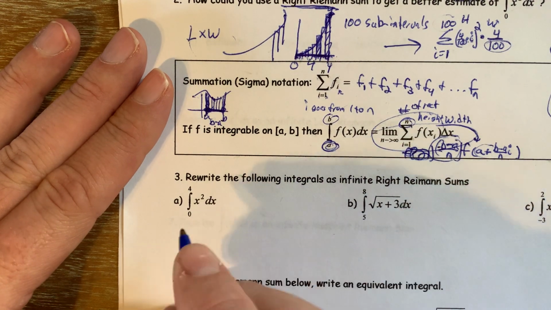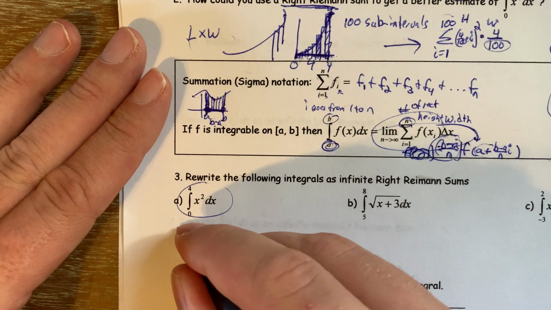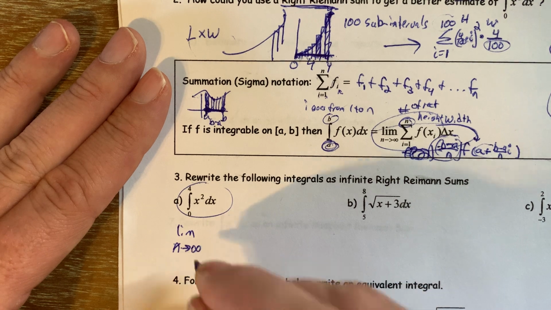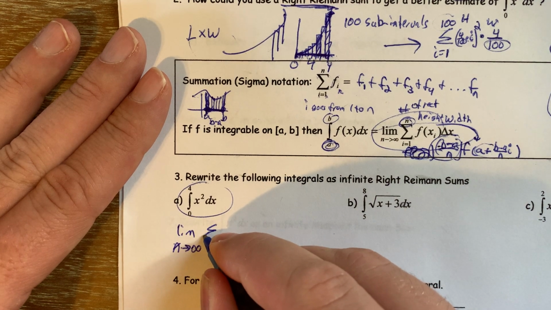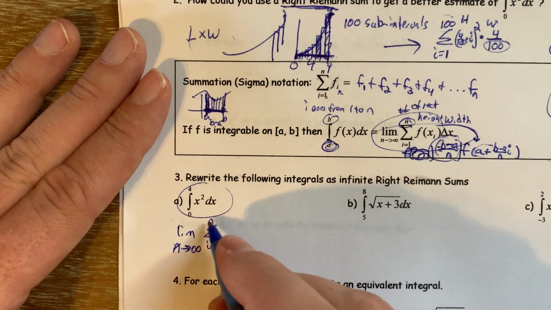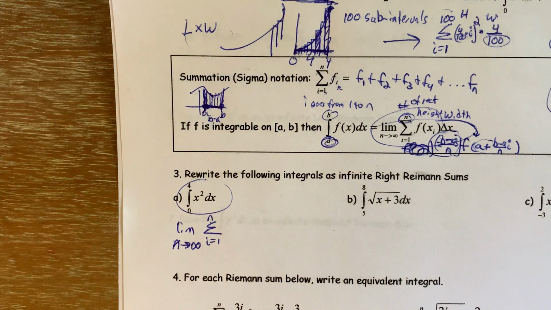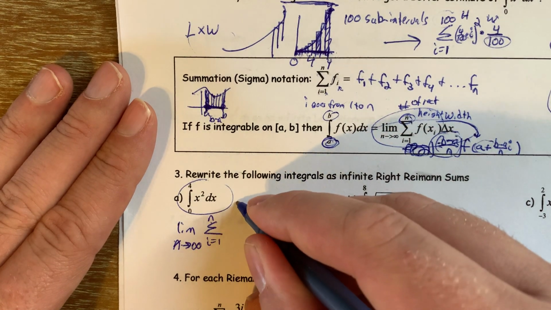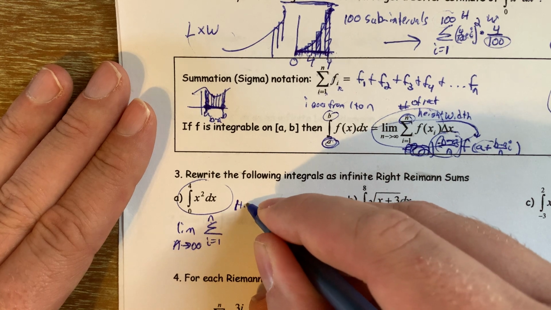To find this integral, it will be the limit as n goes to infinity of the sum from i equals 1 to n. So we're going to be summing up n rectangles, and we want this number of rectangles to go to infinity, of length times width, or height times width.